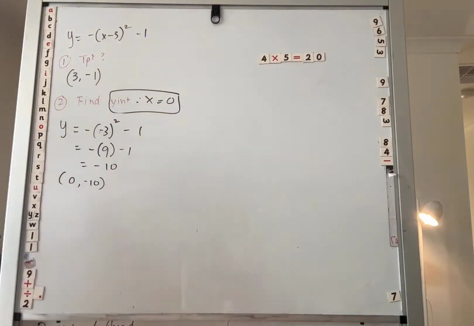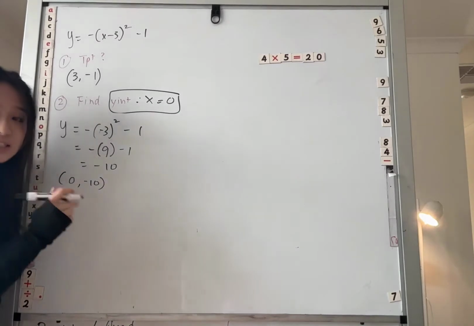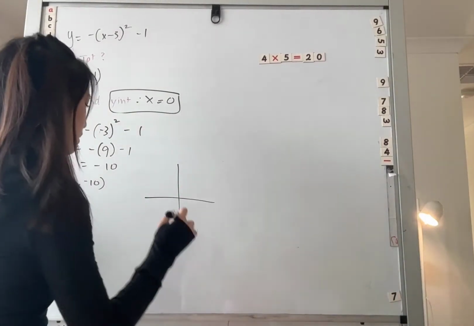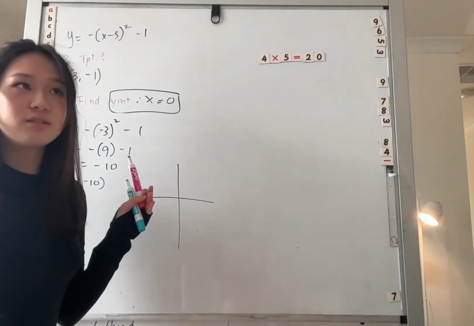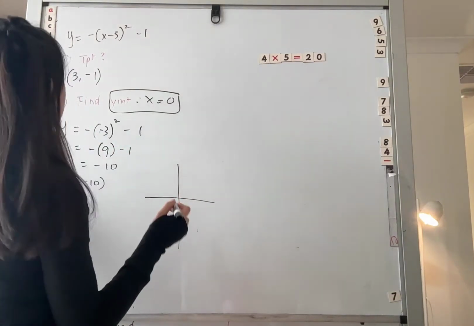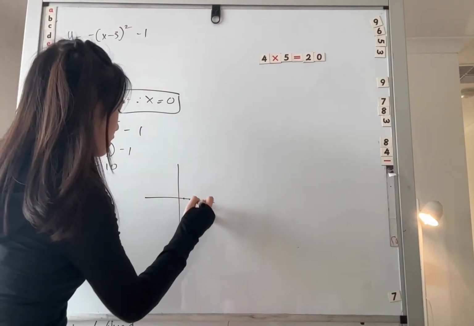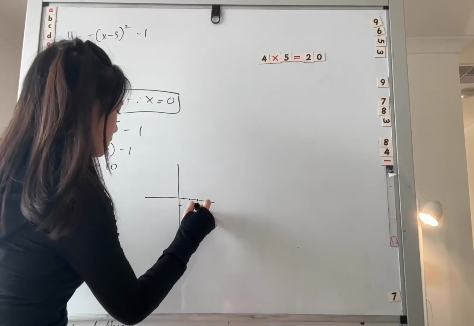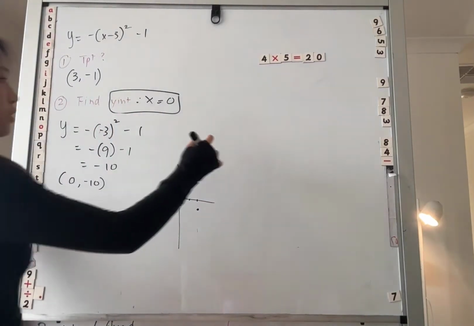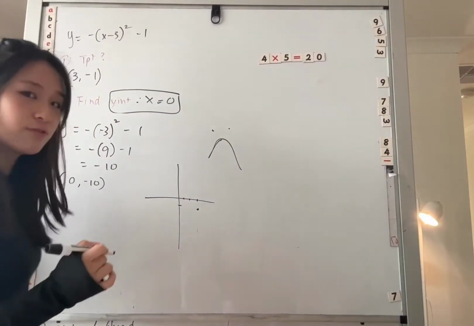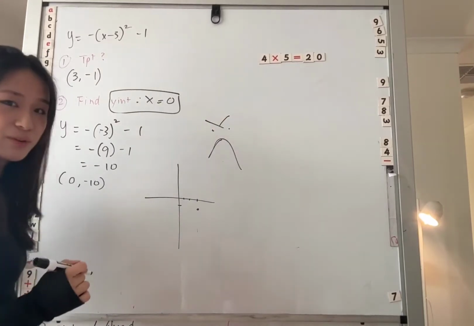And the reason why I don't find the x-intercept first is because I'm going to start visually imagining what the graph will look like in my head. So my turning point is at 3, negative 1, and it's a negative graph. So remember, negative graph, sad face or angry face, whatever you like to remember it as.